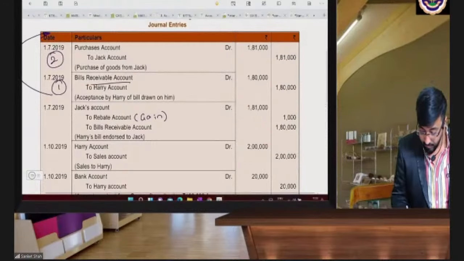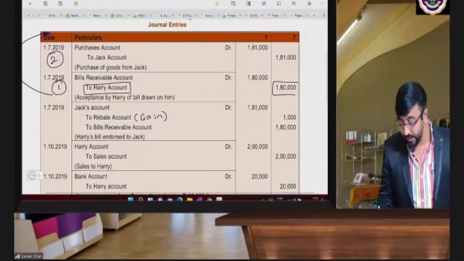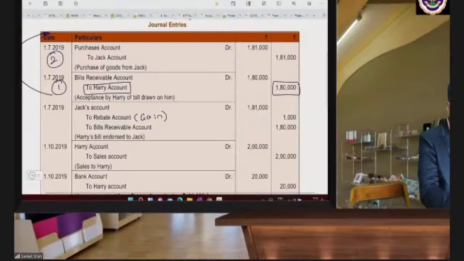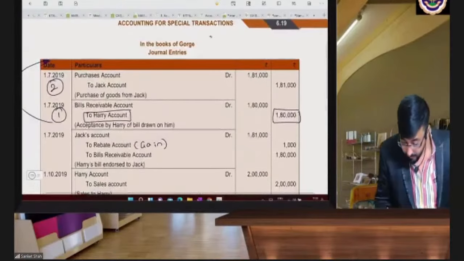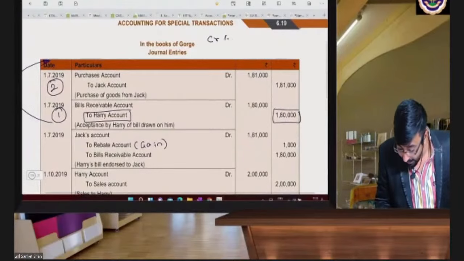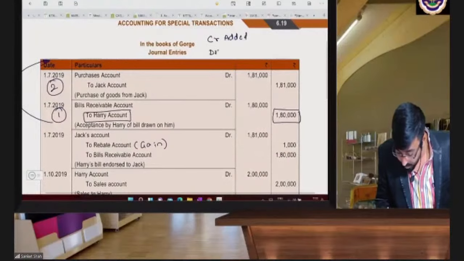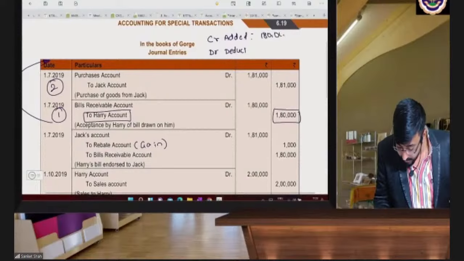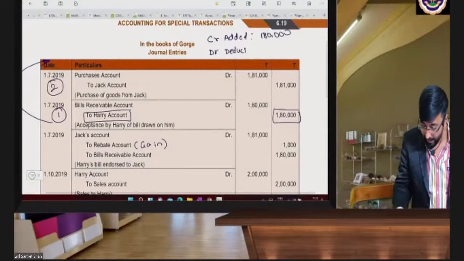Harry is credited. Take the calculator. We started with credit, so credit we add and debit we deduct. Credit means 1,80,000, we are going to add.